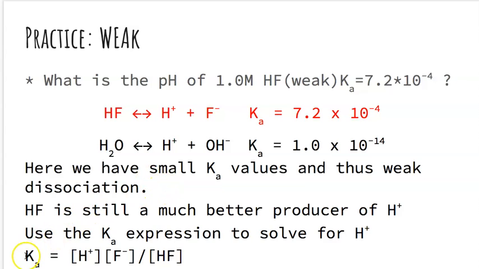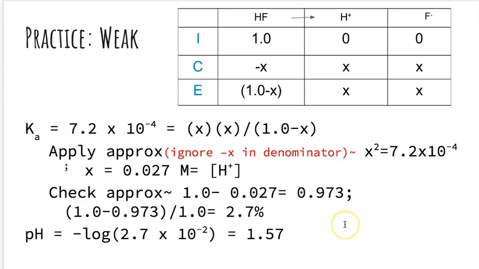So our Ka expression is going to be H plus times F minus over HF. It's just a K expression. You've done that before. Now that we have our K expression, we need to find some equilibrium concentrations, which means we need an ice table. We said we were starting with 1 molar HF.